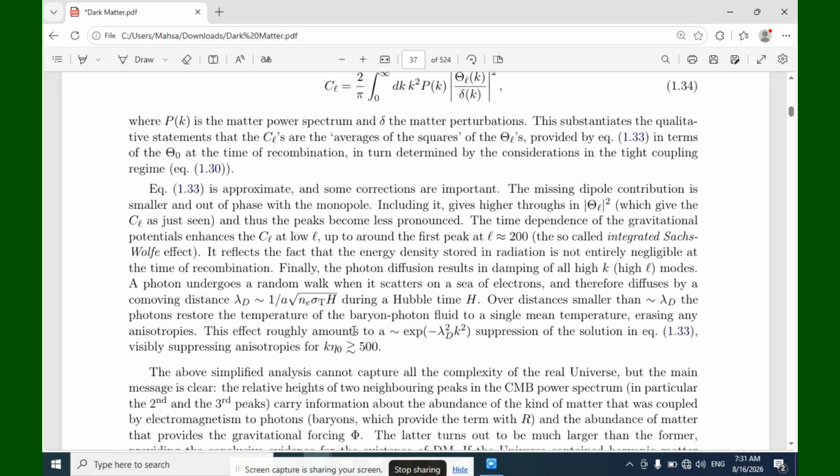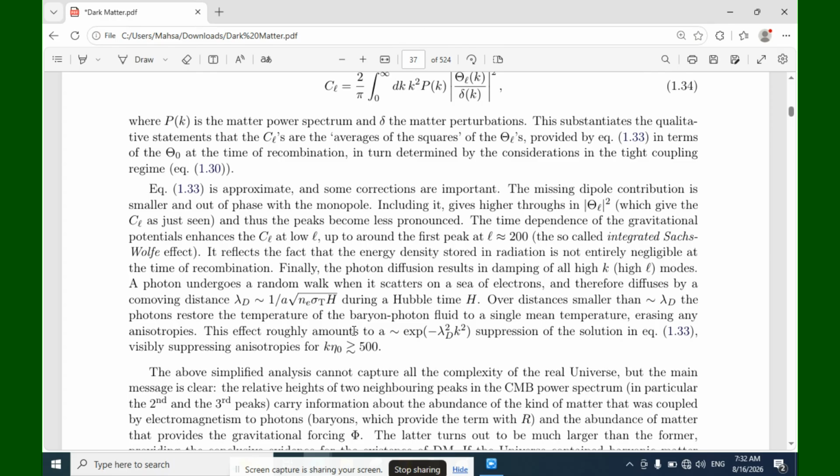The time dependence of the gravitational potential enhances the C_l at low l up to around the first peak at l almost equal to 200, the so-called integrated Sachs-Wolfe effect. It reflects the fact that the energy density stored in radiation is not entirely negligible at the time of recombination. Finally, the photon diffusion results in damping of all high l modes.